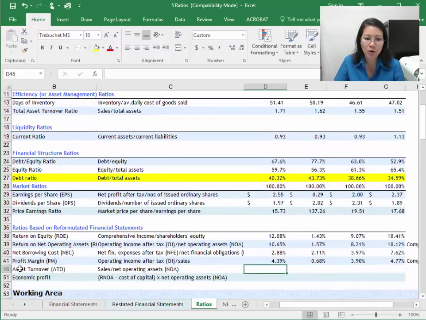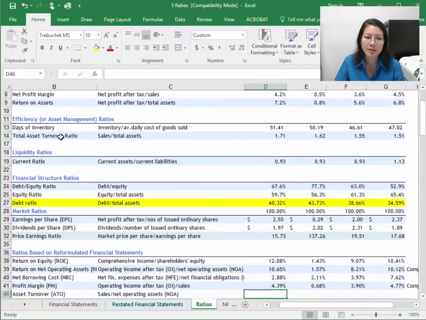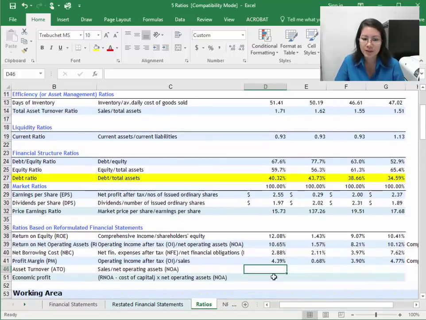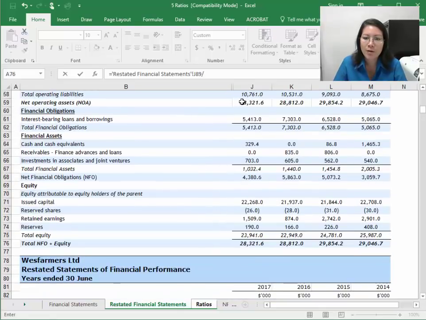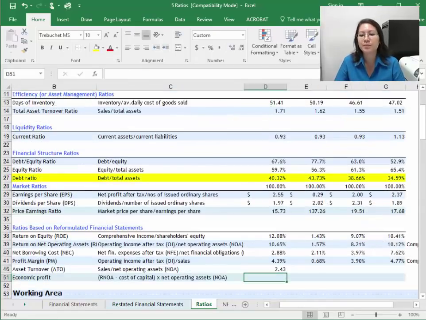Your ATO, your asset turnover, not the Australian Taxation Office, your ATO ratio you can also compare to your total asset turnover ratio here. Let's go and calculate it. Sales divided by NOA. So sales, I'll do total operating income. So sales divided by NOA, which is here in my balance sheet.